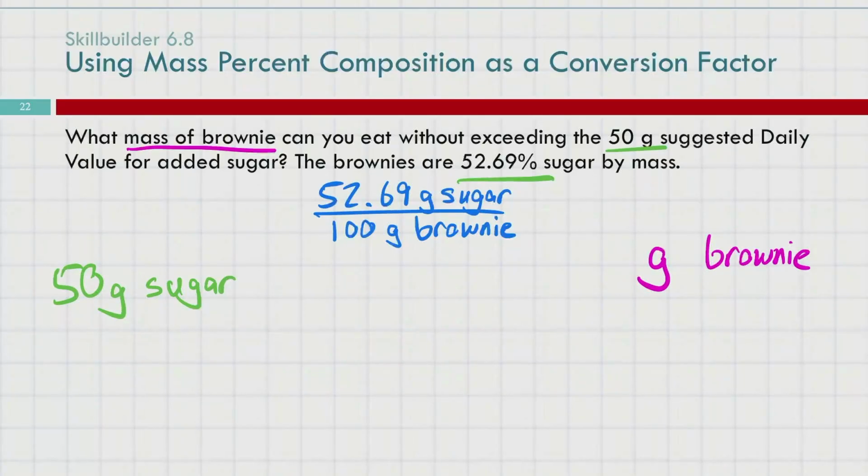In order for the grams sugar to cancel, and for us to get grams of brownies, we need to divide by that number. So we're going to flip it, 52.69 grams sugar on the bottom so that our grams of sugar cancel.